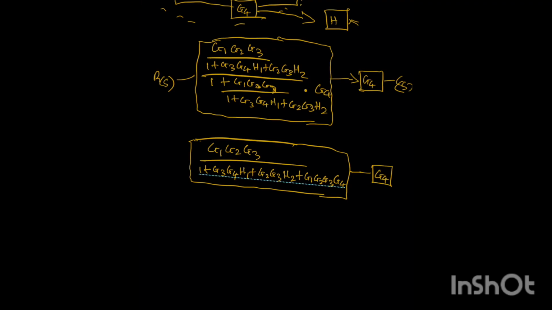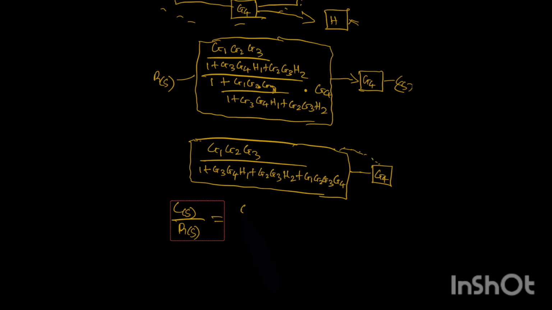So our C of X over R of X will be equal to, these two now we combine them in series.